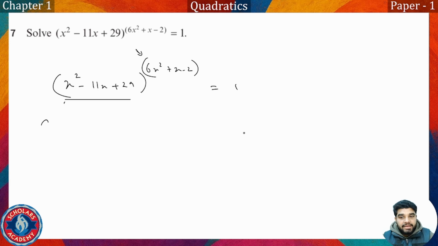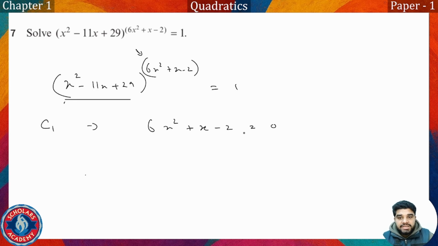So case 1 is in which 6x square plus x minus 2 is equal to 0. We are getting this by taking the power of 1 as 0 and equating them. So this is case 1.